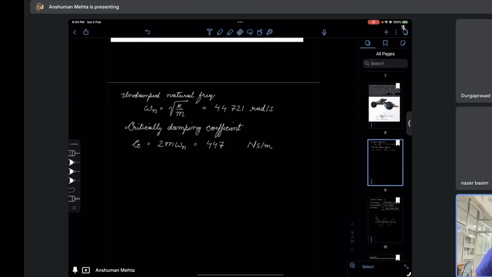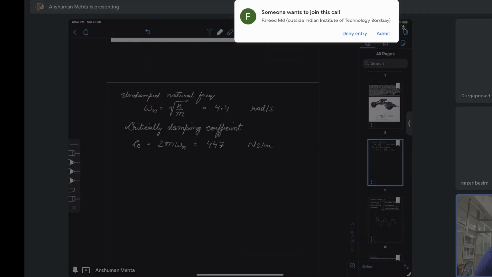And also we had made a mistake in finding omega n, so it should be 4.4.